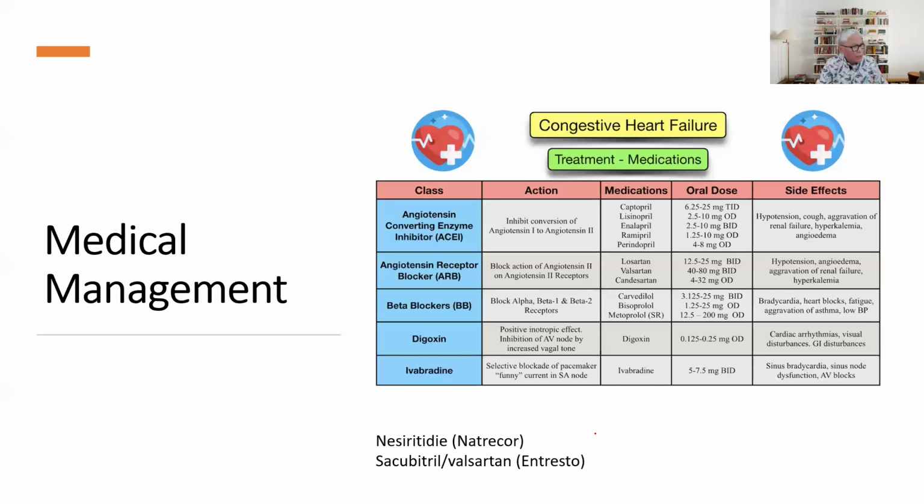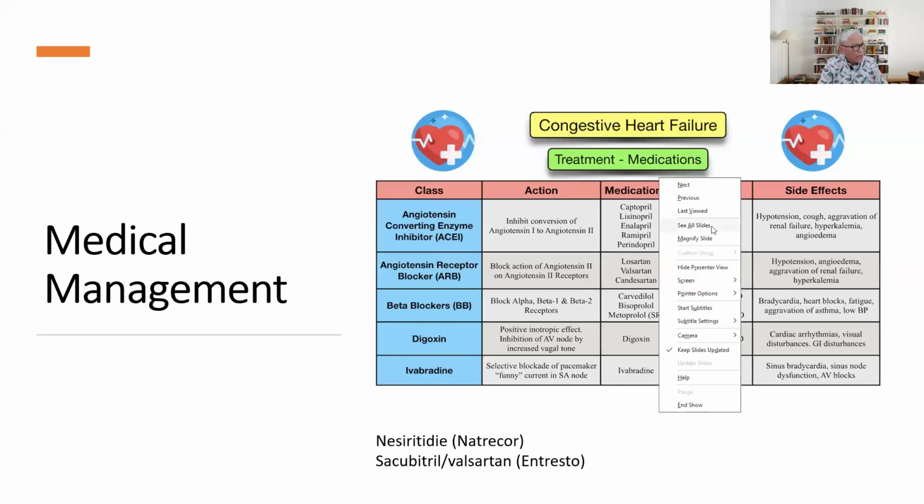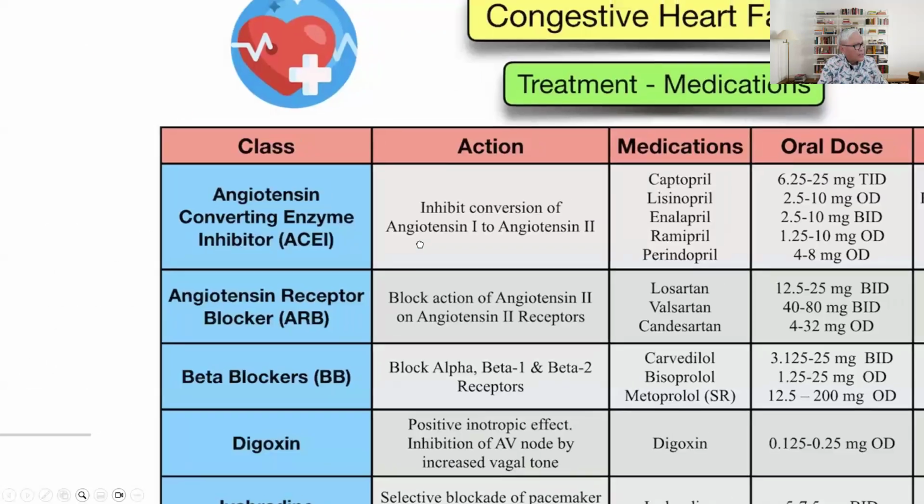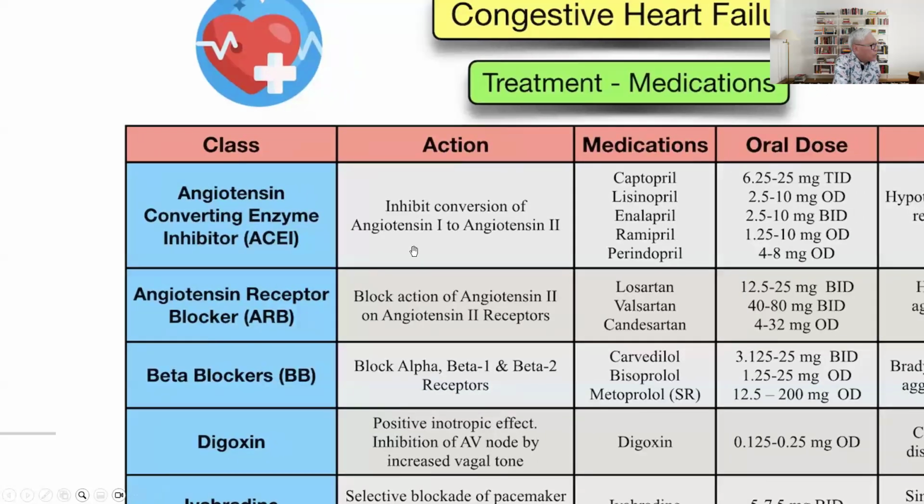Let's begin with the first drug, your angiotensin converting enzyme inhibitors. These ACE inhibitors are those drugs that end with the suffix pril. If you take a look at captopril, lisinopril, enalapril, ramipril, perindopril, all these medications are ACE inhibitors.